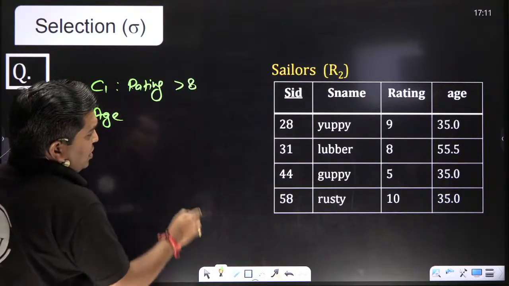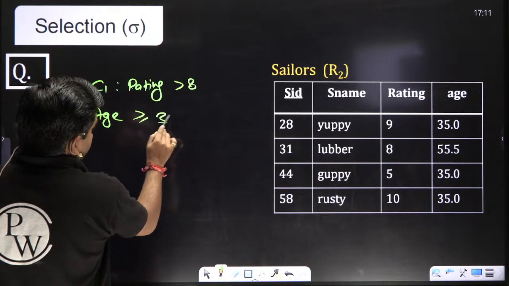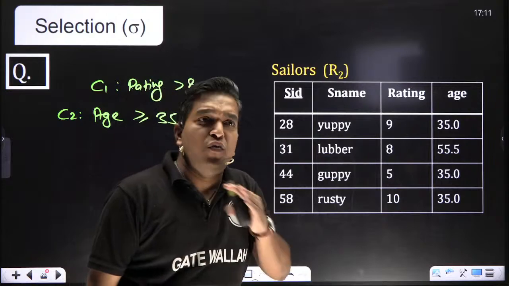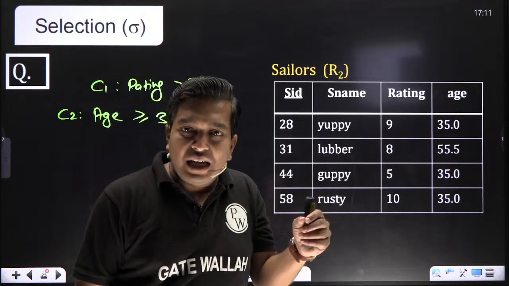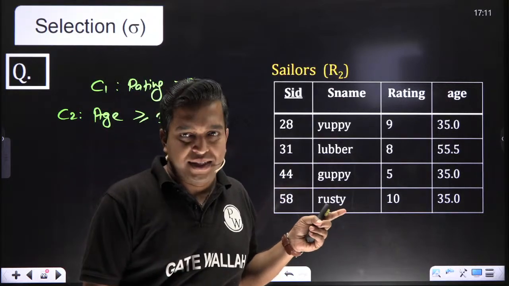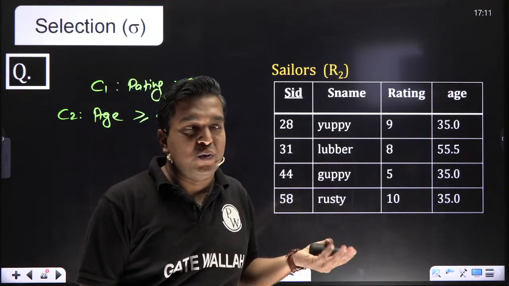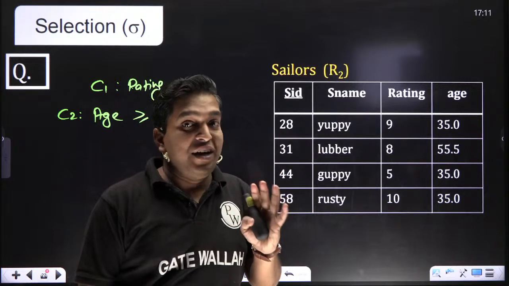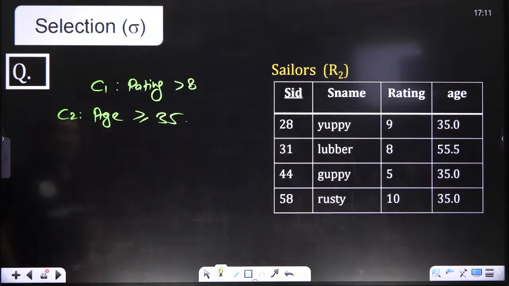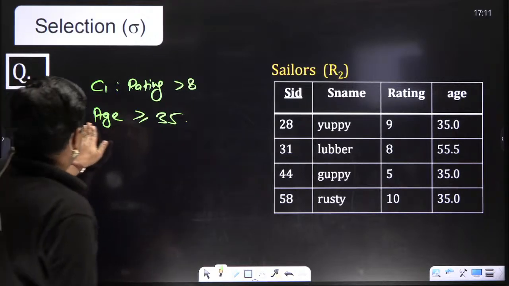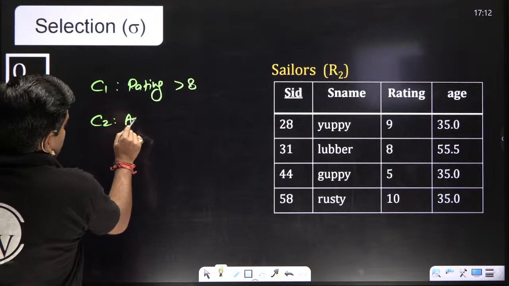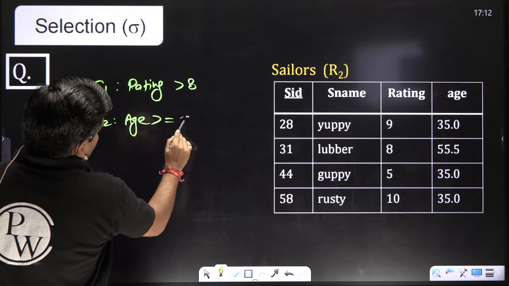Age is greater than or equal to 35. Please try to understand. I guarantee you will do one thing wrong. That question was asked in GATE 2 marks and some other competitions also. But you will do it wrong. So try to understand. Open your mind and eyes and listen carefully. What I am telling is C1 and C2. C2 condition is age is greater than or equal to 35.